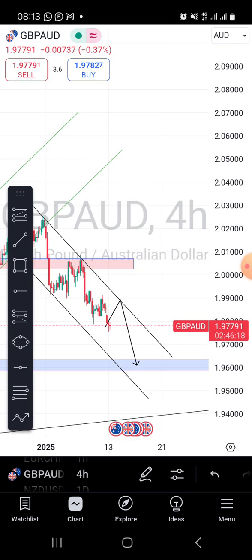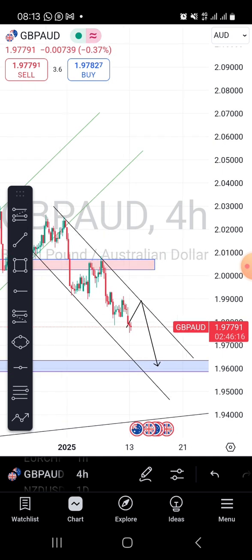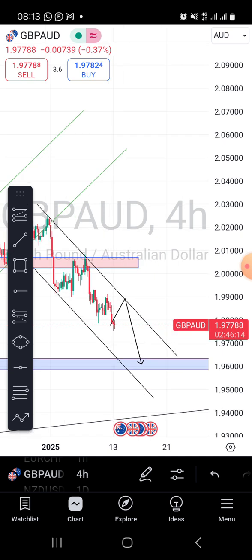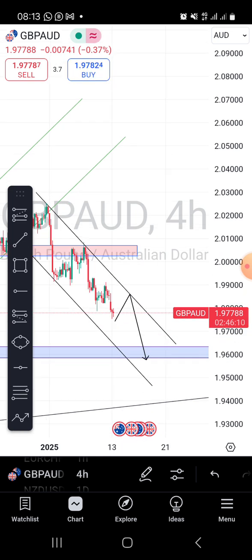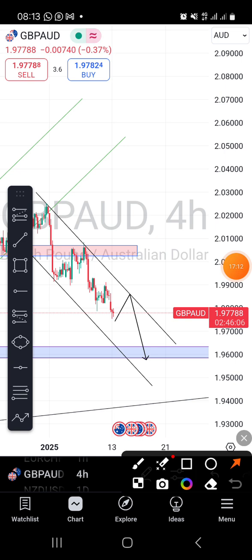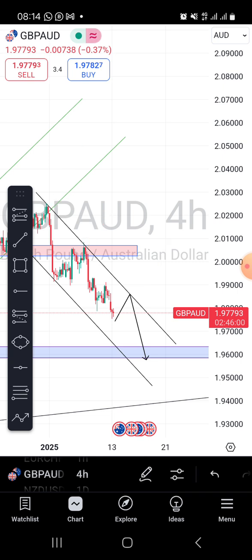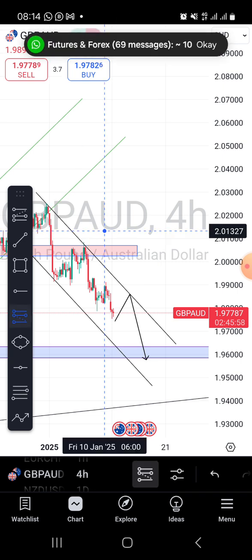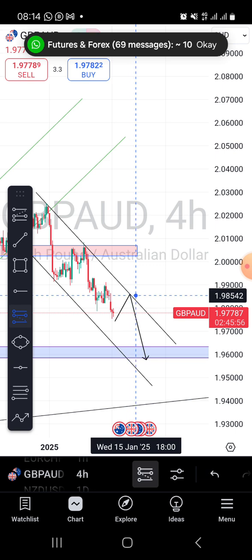Any pullback to test this line. By that time we'll be having our third touch on the trend line. This will be the first touch, the second touch, then the possible touch for our entry here. So we should be expecting something like this.